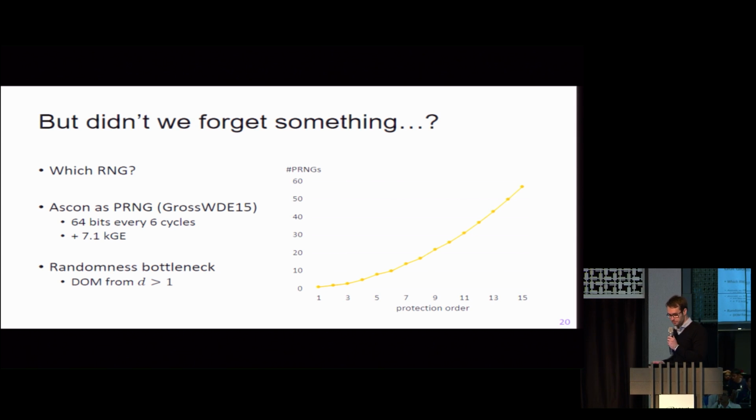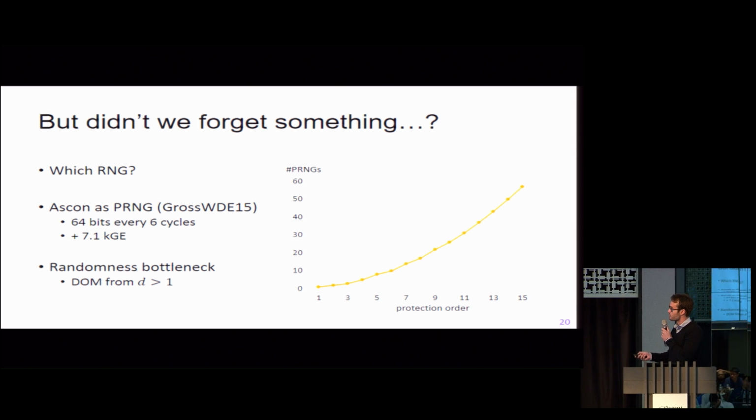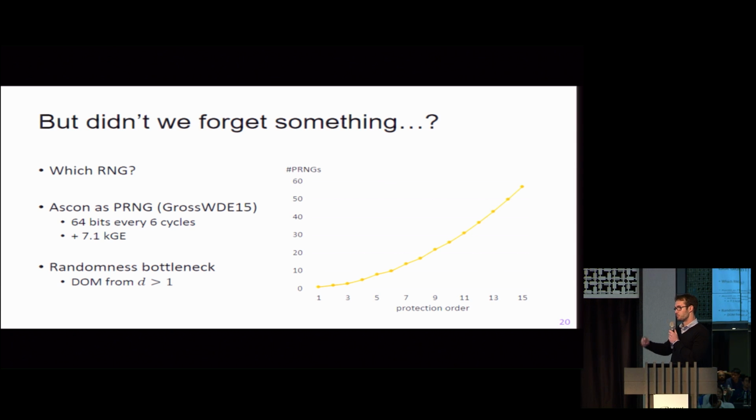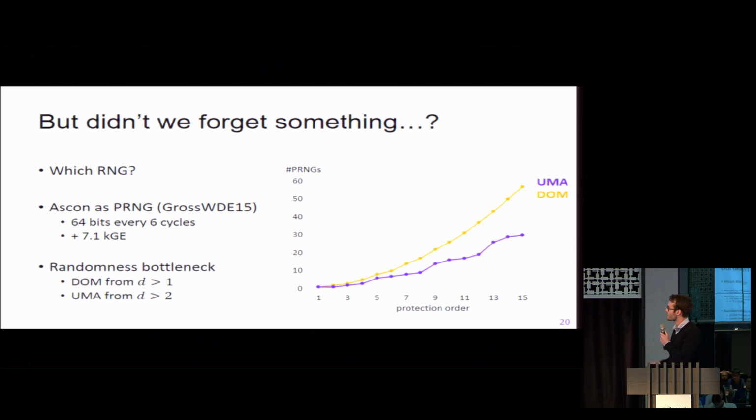And as it shows, even for the single S-box variant, the randomness production soon becomes the bottleneck. So for the domain-oriented masking scheme, this means for protection orders higher than 1, we would need to add an additional BRNG just to produce the amount of randomness that we require for staying at this maximum throughput.